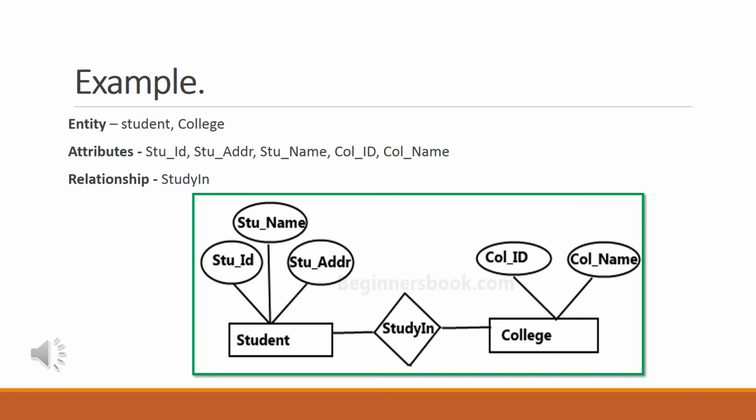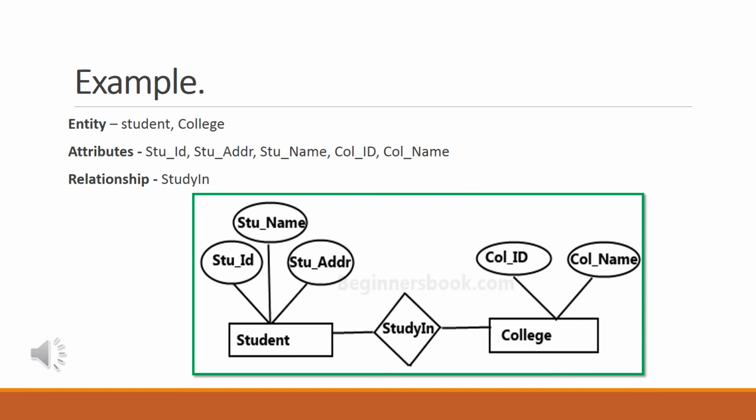Now let us understand the concept of ER diagram with the help of this example. You can see in this example, student and college are the entities, and we have represented them as a rectangular shape. Student and college possess some attributes, that is the properties which define these entities, like the student ID, the student name, the student address.